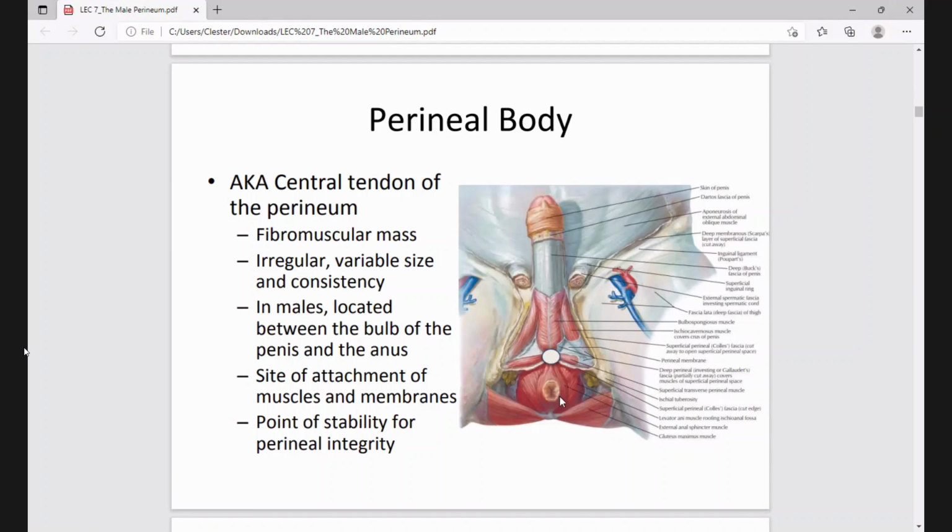It is the point of stability of the perineal integrity, the central tendon or perineal body. Also in this view, you see the superficial muscles in the urogenital triangle and the external anal sphincter in the anal triangle.